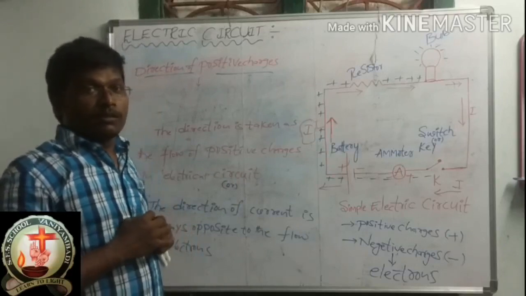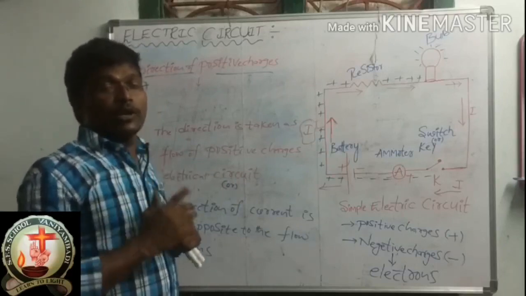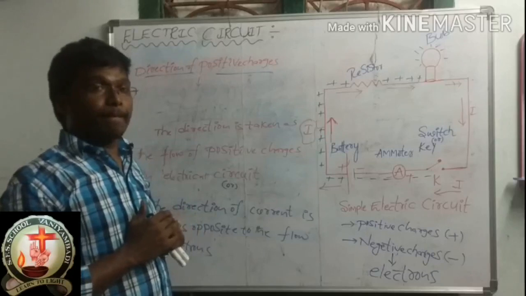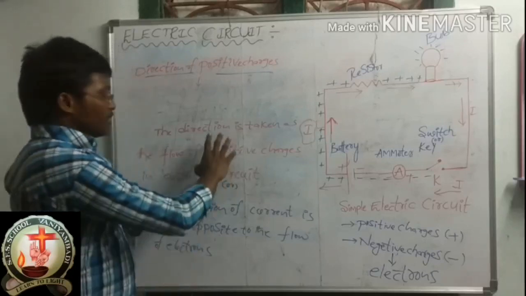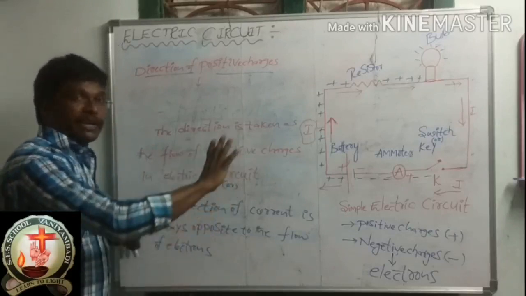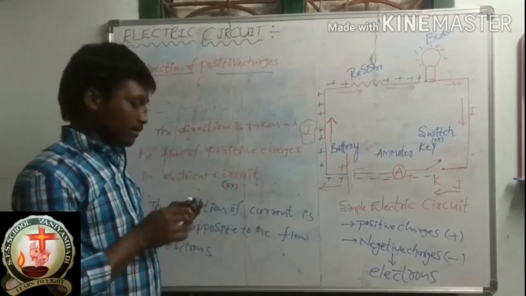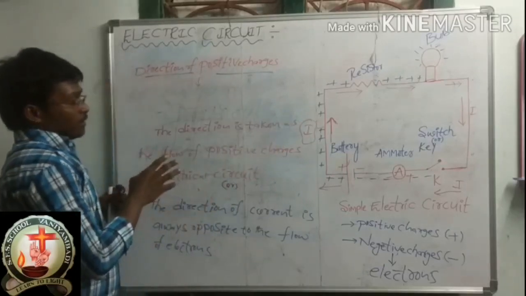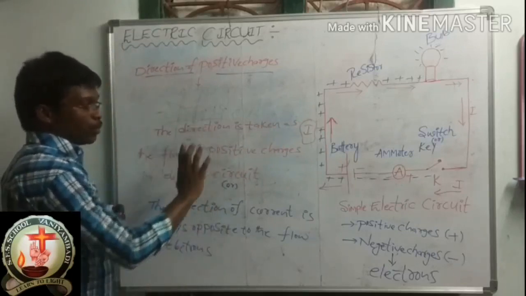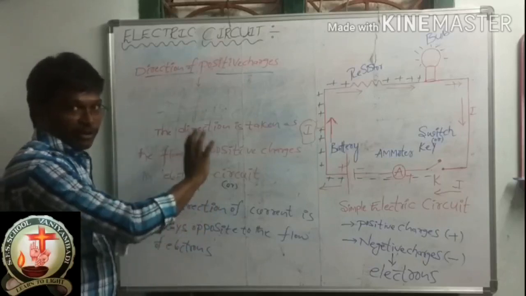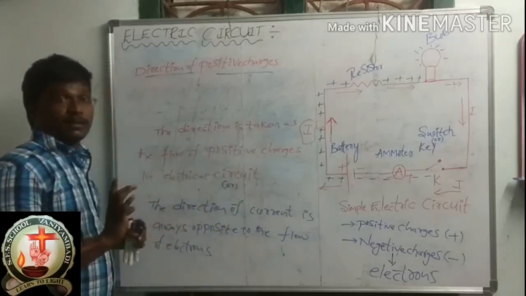Okay? Here you can remember one pointer. By the use of these two ways we are able to find the direction of electric current. How are we following these two methods?